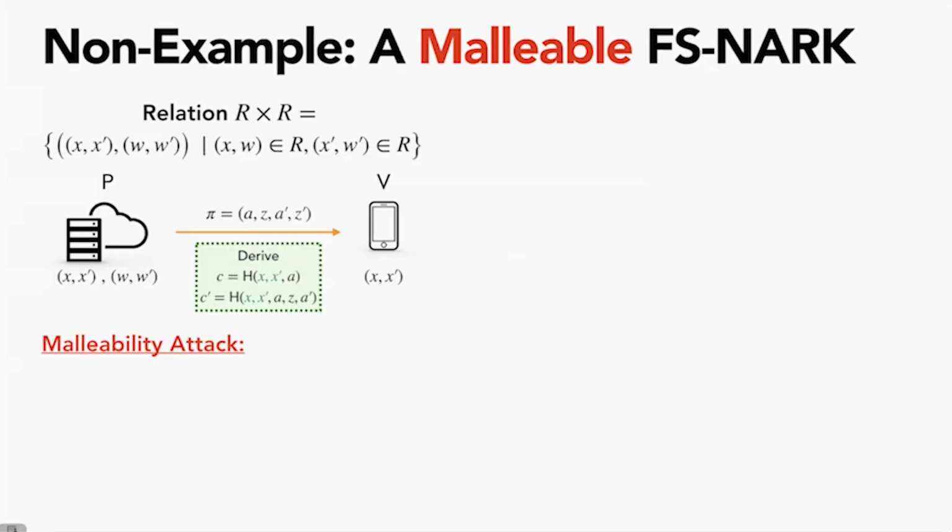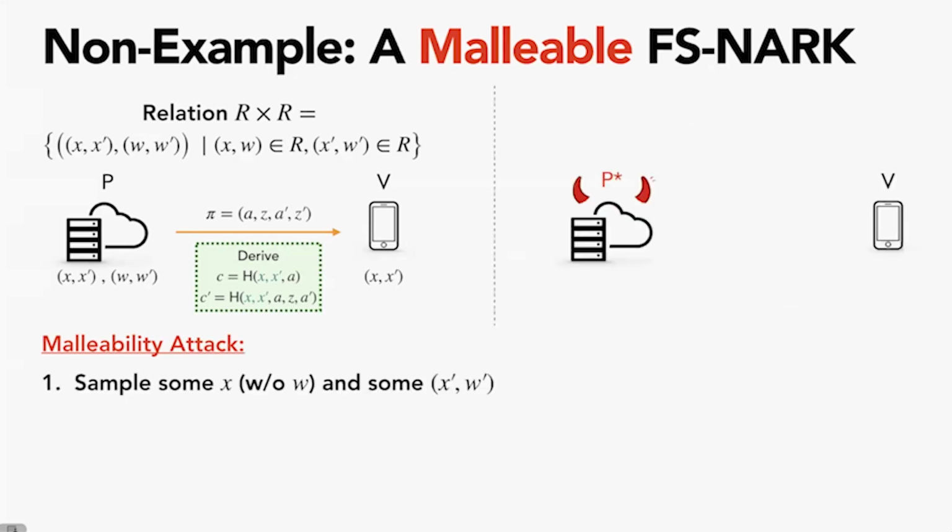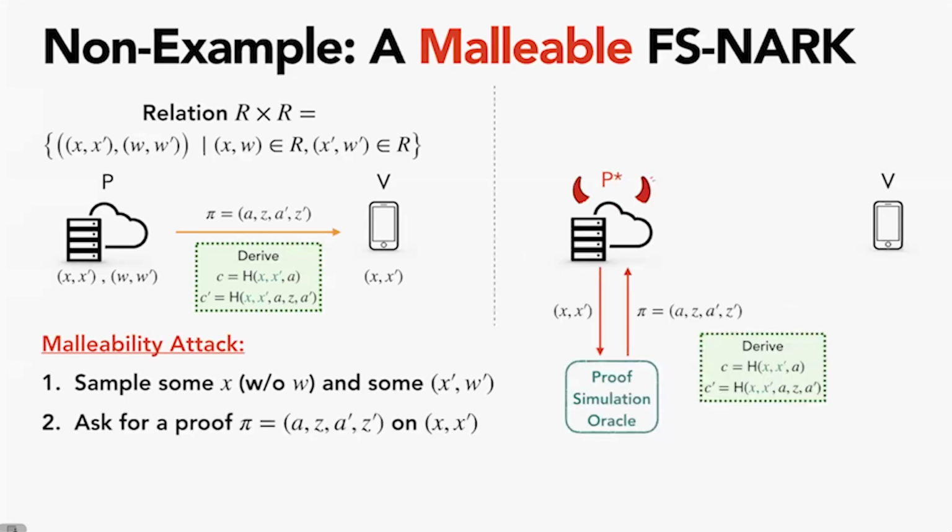The idea is that because you have these 2 protocols layered sequentially, you can mount a mix and match attack. Let's say this malicious prover needs to declare 2 statements. For one of the statements it will not know the witness. For the other one, it will know the witness. So then it can ask for just some arbitrary proof of those 2 statements.